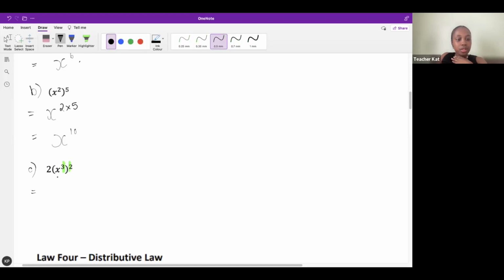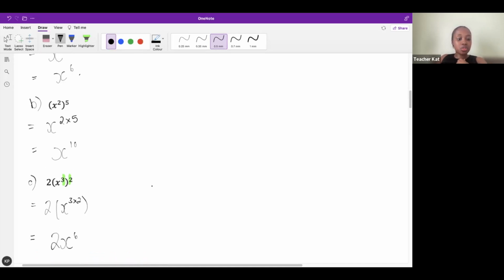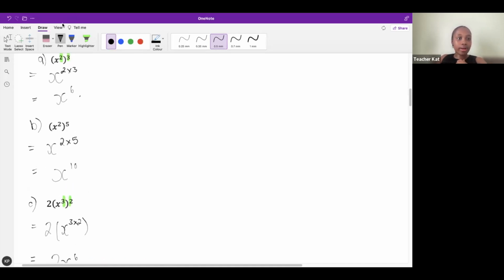So it will then be 2 times x to the power of 3 times 2, which is 2 times x to the power of what? 6. Okay, so these are 3 questions for rule number 1.